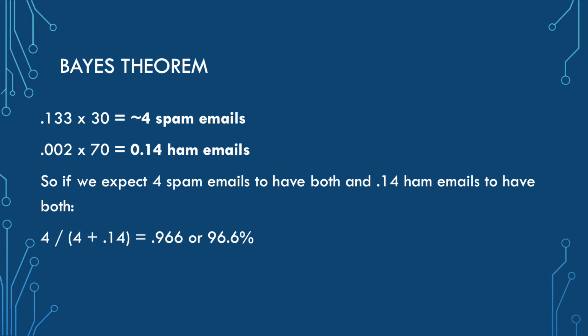That is, if an unknown email contains both paid and offer, we have a 96.6% chance that this email truly is spam, given the 100 email sample that we've learned from.